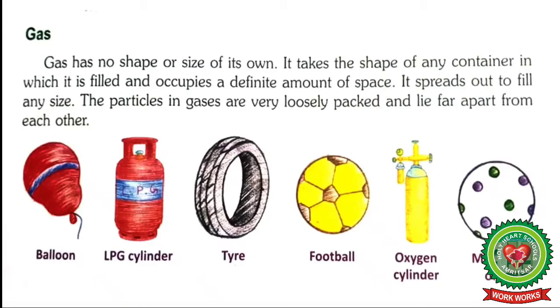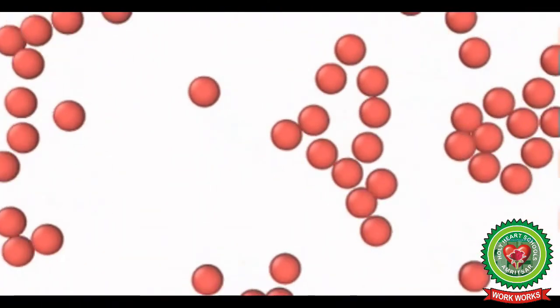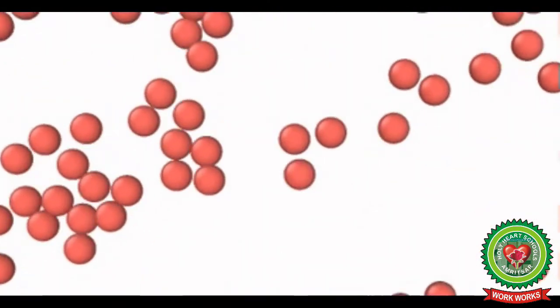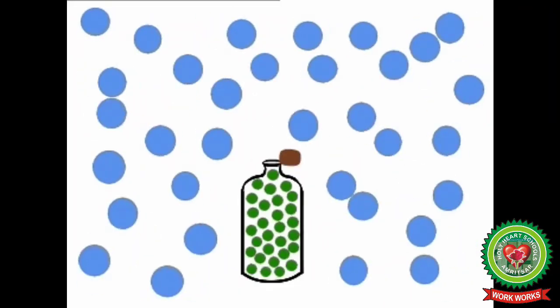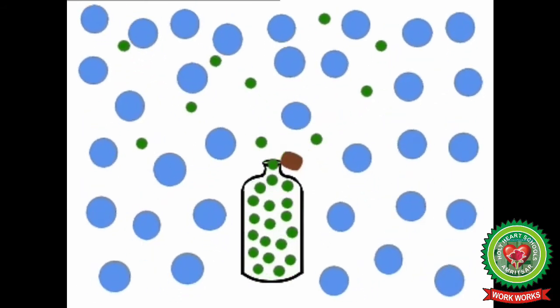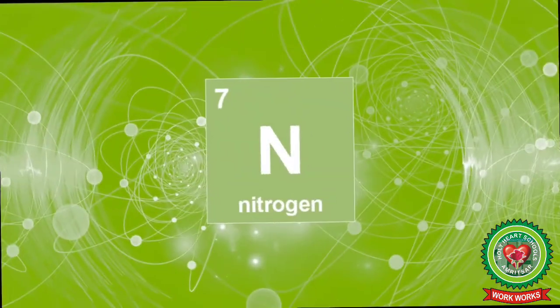The particles in gases are very loosely packed and lie far apart from each other. So, the molecules in a gas are loosely packed and thus have large space between them. Moreover, the molecules of gases move freely. The examples of gas are oxygen and nitrogen.